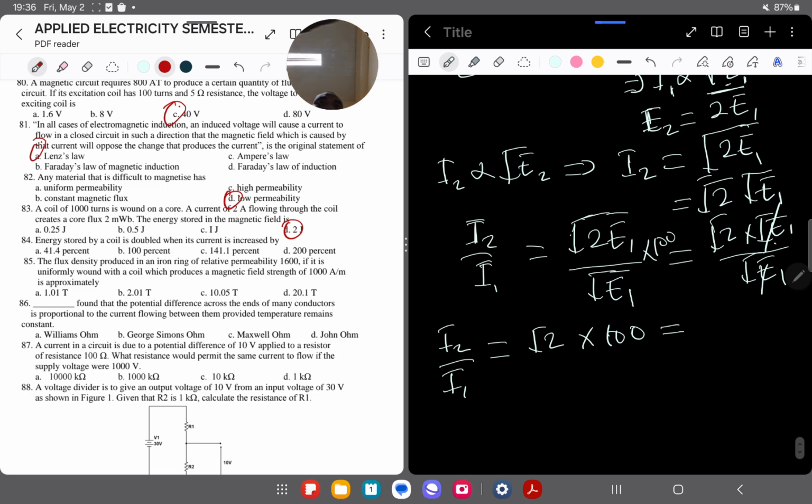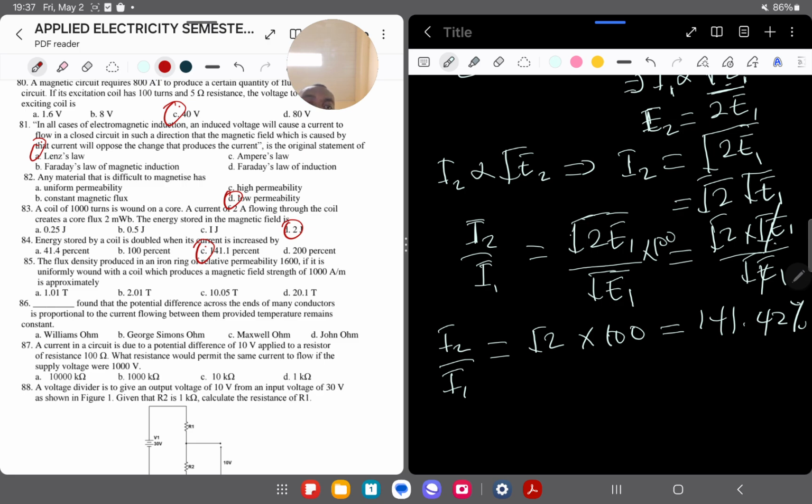So that's root 2 times 100, which is 141.42. So the answer here is C, 141.42%. Okay, this is percentage.